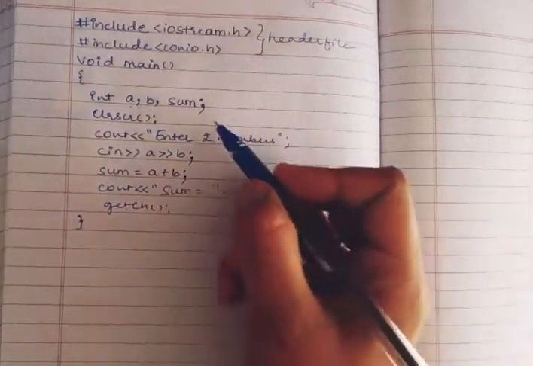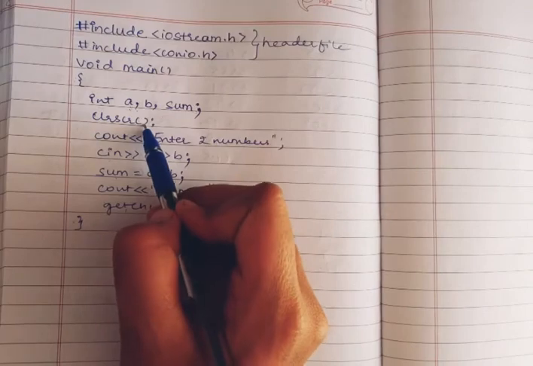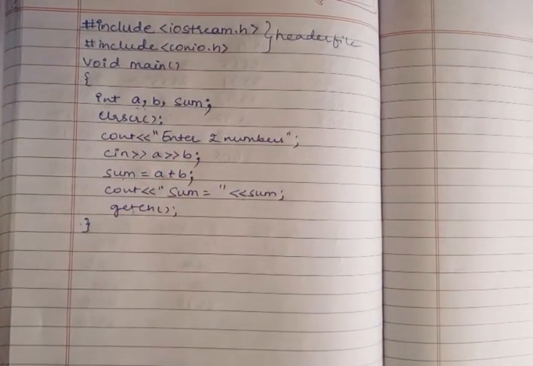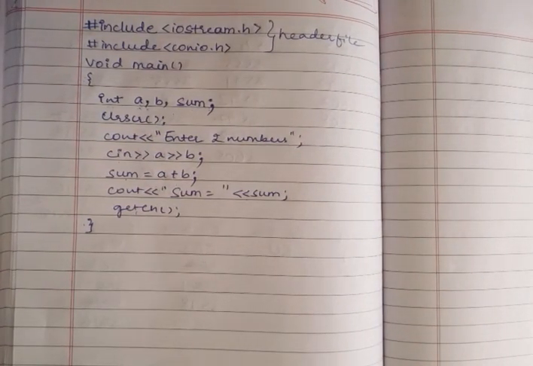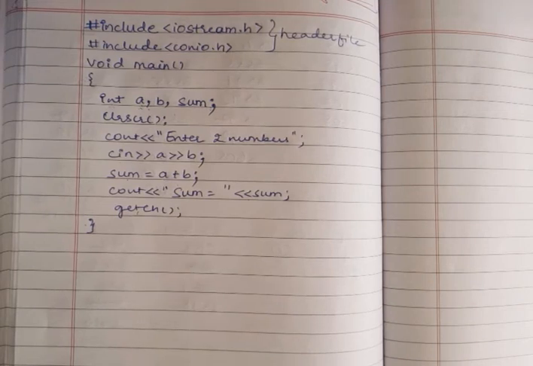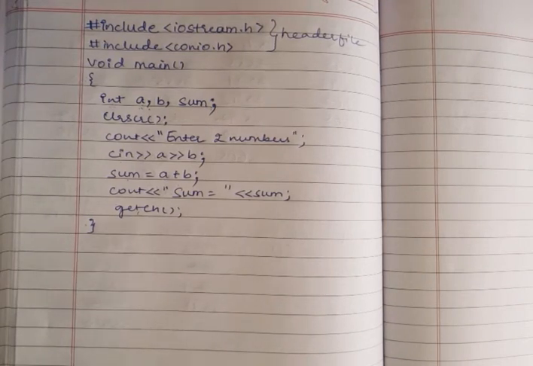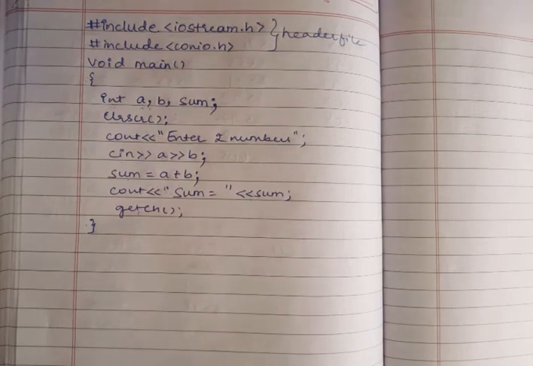Next, it is followed by the clear screen function. As the name says, it is going to clear the previous output screen. Why do we use this clear screen function?